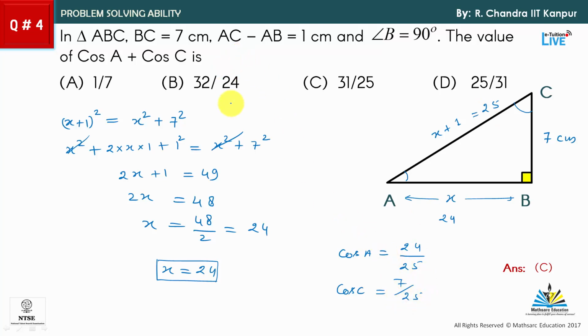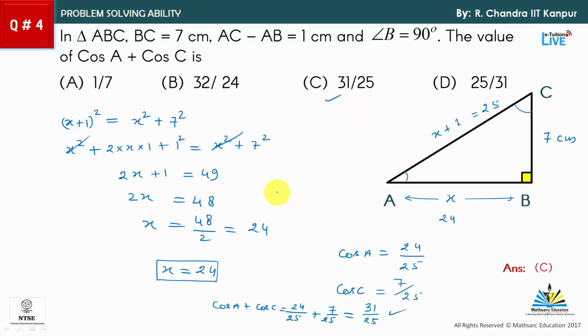Hence cos A plus cos C is equal to the sum of these two. So cos A plus cos C is equal to 24 by 25 plus 7 by 25, and that is equal to 31 by 25. Hence C is the correct option.